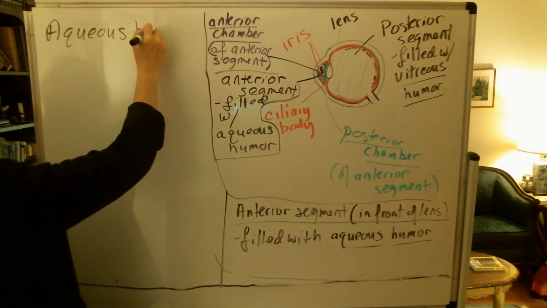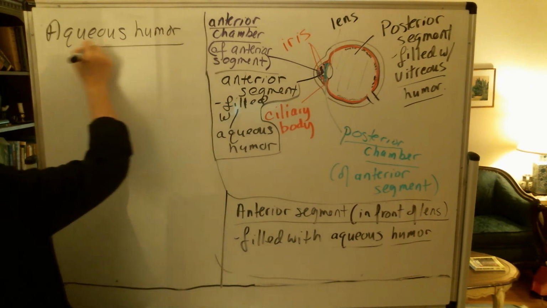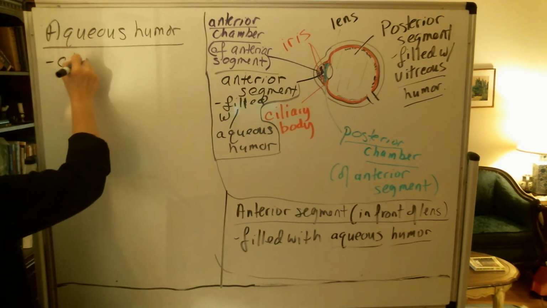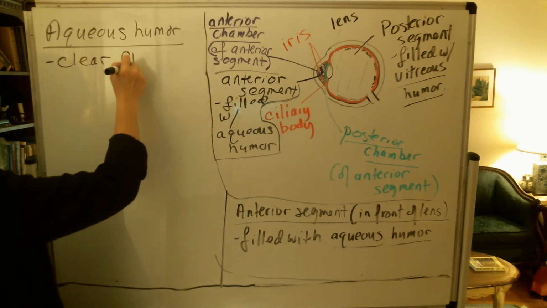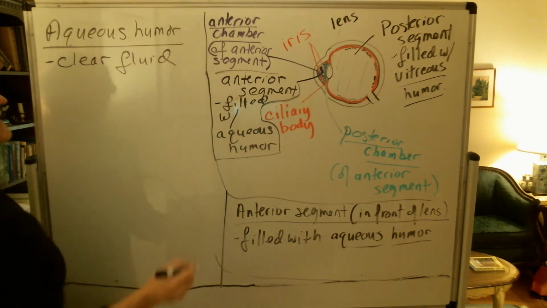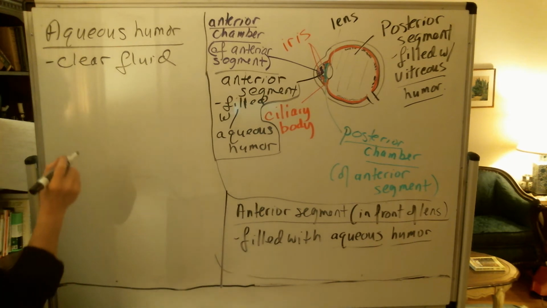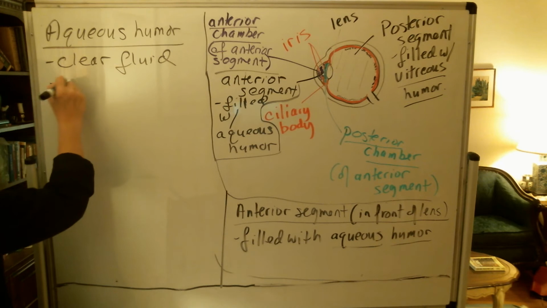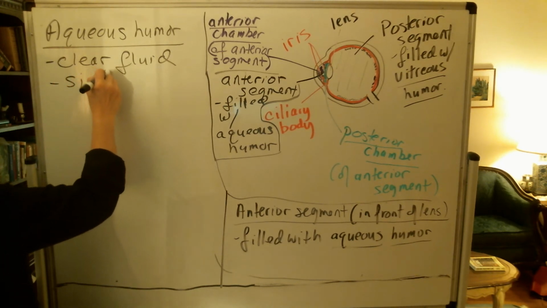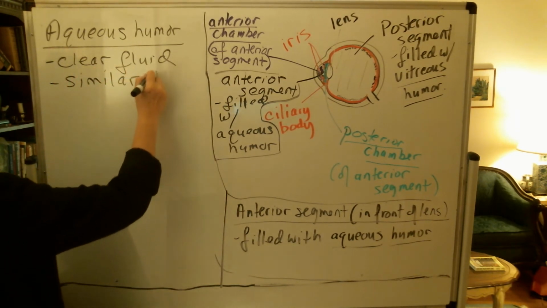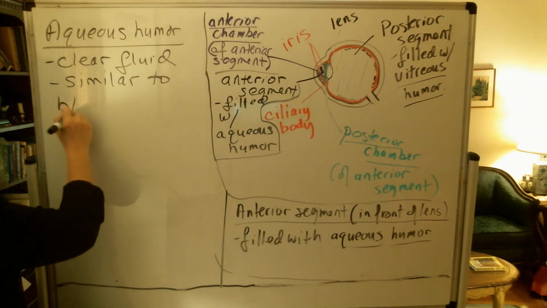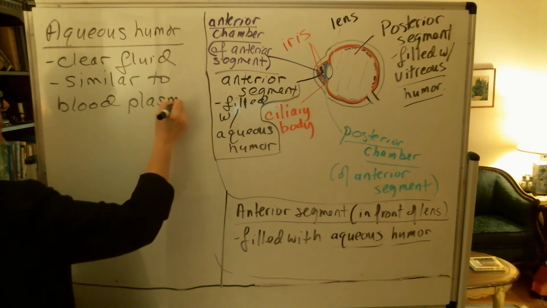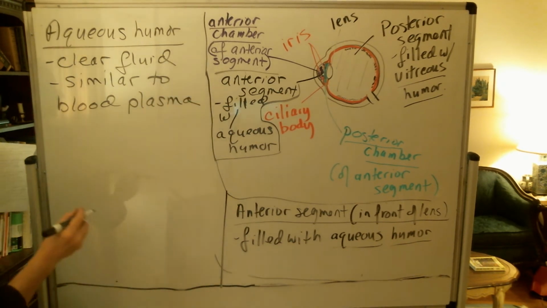So the aqueous humor then is a clear fluid. Again, we want clear fluids inside the eye so that light can pass through unhindered. It is very similar in composition to blood plasma. There's a reason for that.